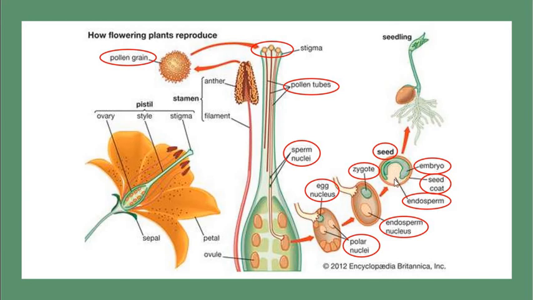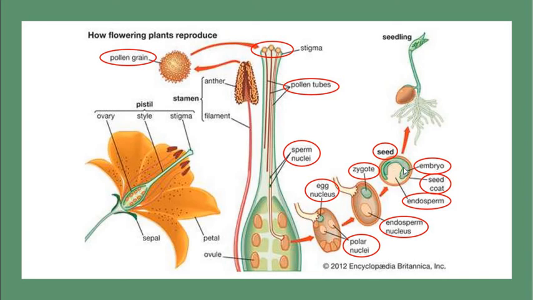So the endosperm actually feeds the embryo until the embryo gains roots to get the water, and especially is gaining leaves in order to make food. It needs to be fed until it is able to feed itself. So the endosperm would kind of be like the placenta being attached to the mom.